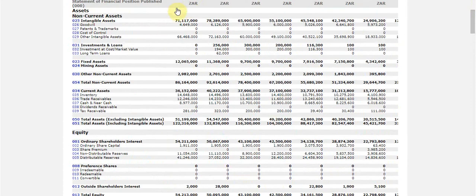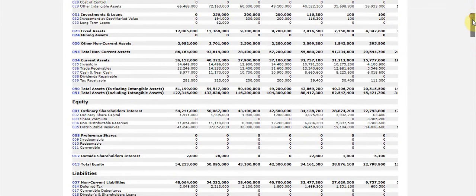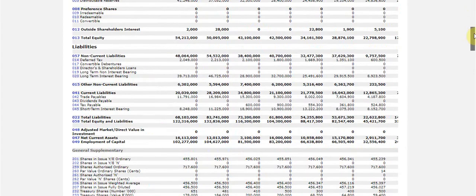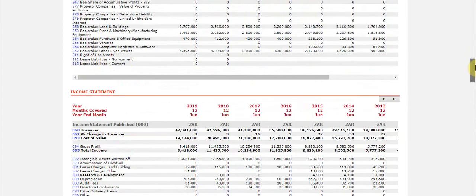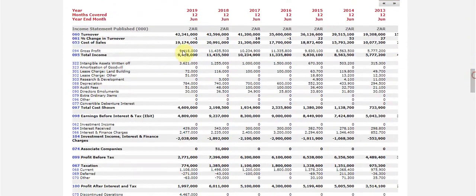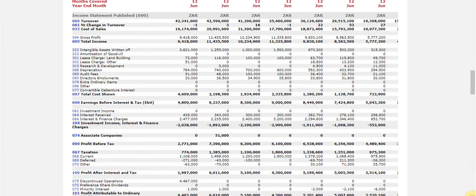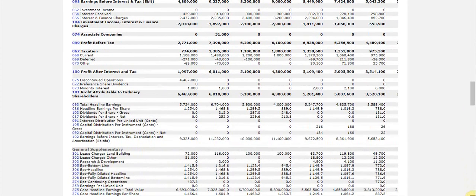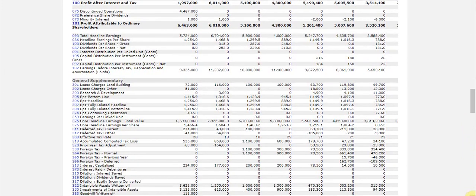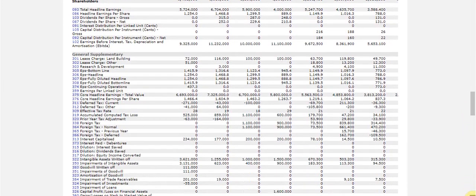So you can see all the information for assets, and you can go and check their turnover in the income statement, turnover, so earnings before interest and tax, earnings per share, deferred tax, current tax, headline earnings per share.